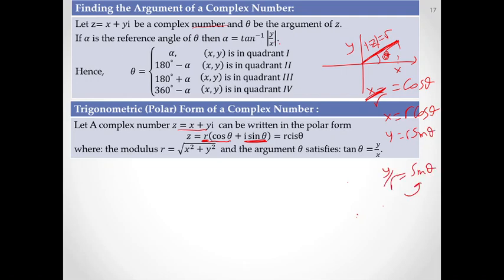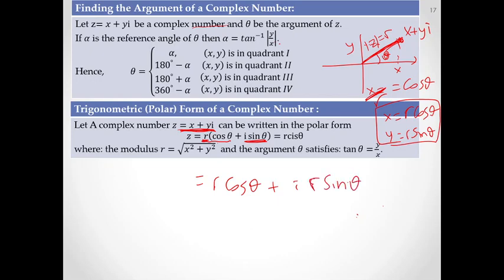So instead of x and y, we can write r cosine theta and r sine theta. And of course, since this is a complex number here, we write x plus yi. So z equal to x plus yi can be written as r cosine theta plus i r sine theta.